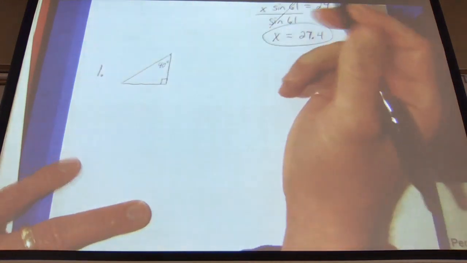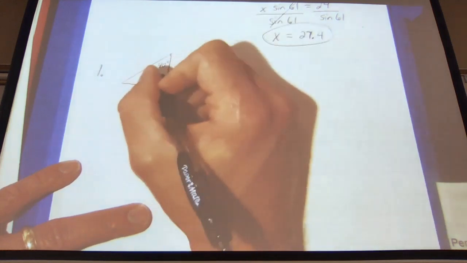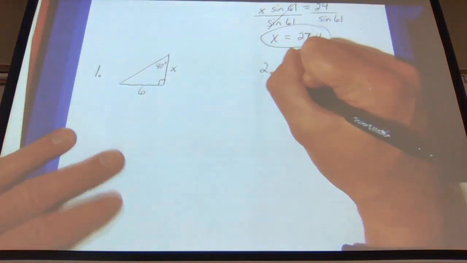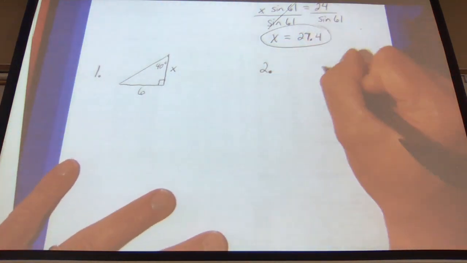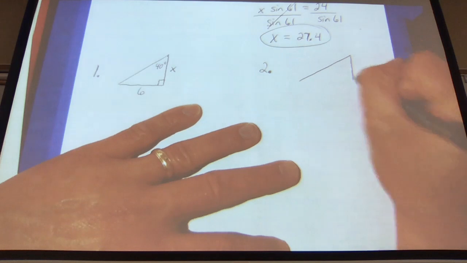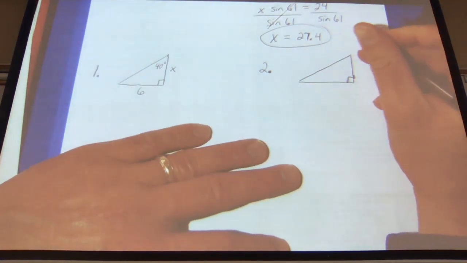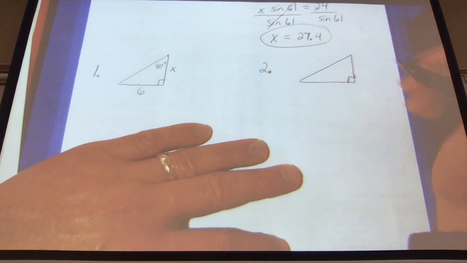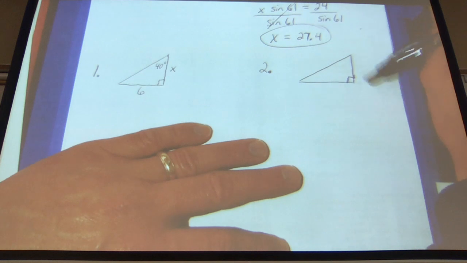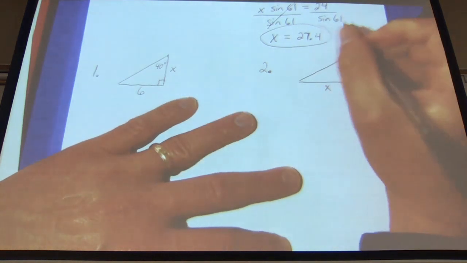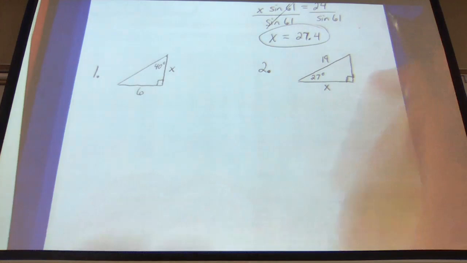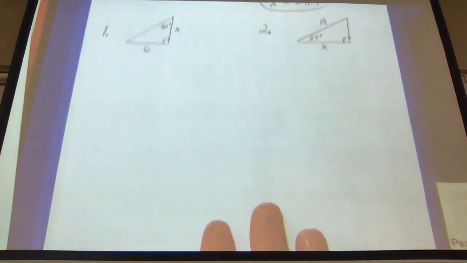This one's going to be a 40-degree angle up here. And then our second one will be a 27-degree angle on that one.